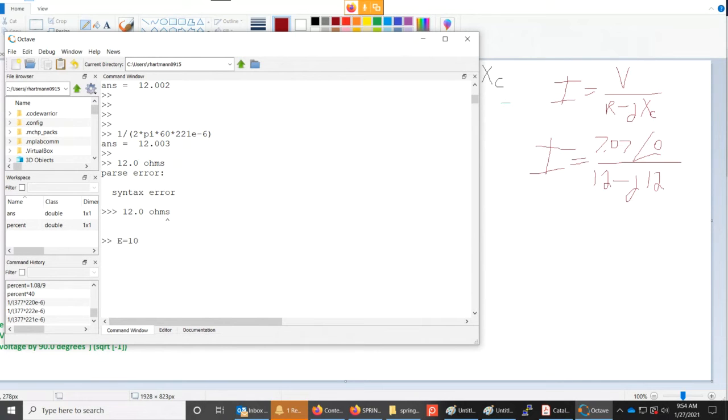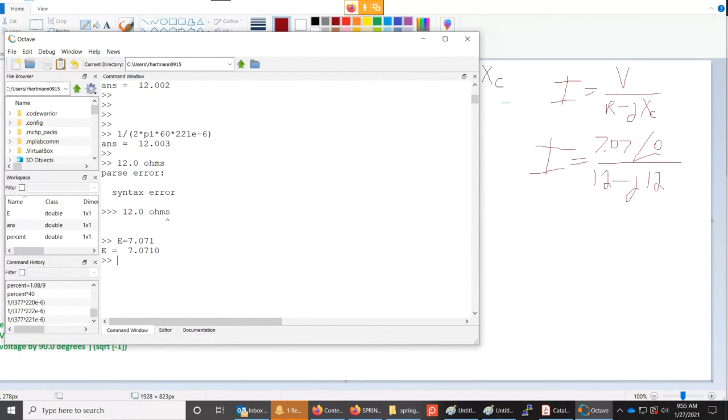If it was 10 volt peak, so 10 times the sine of 377t plus 0 degrees, that was my e. If we convert that to a phasor, we get 7.071 at an angle of 0 degrees. You can just put it in like that inside of Octave or your calculator.